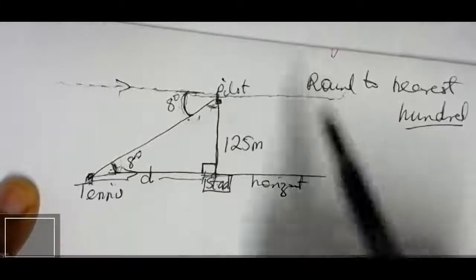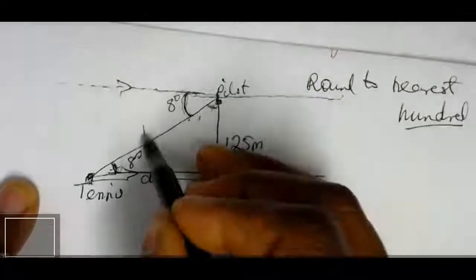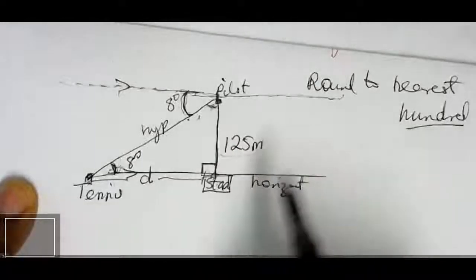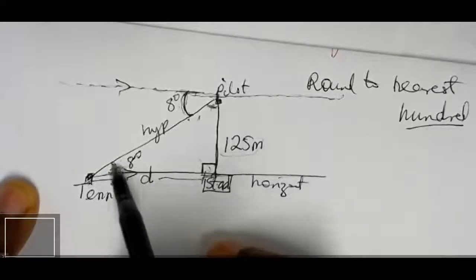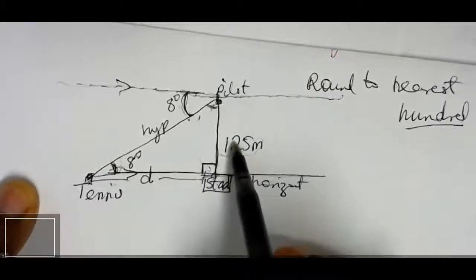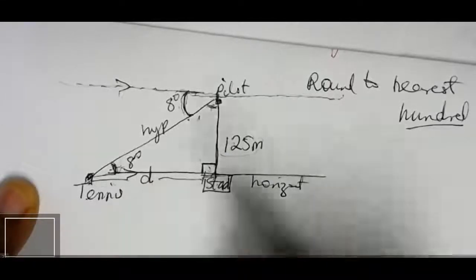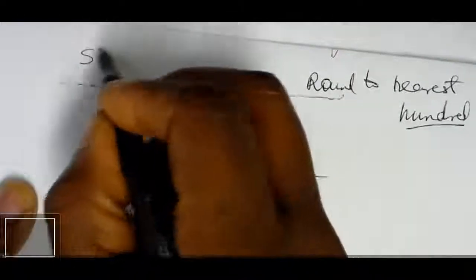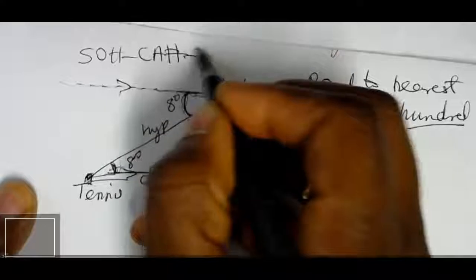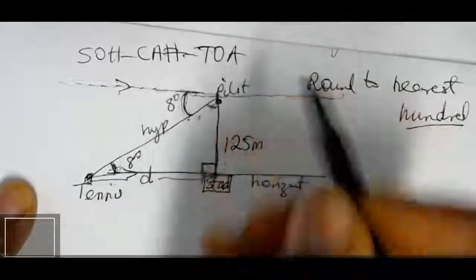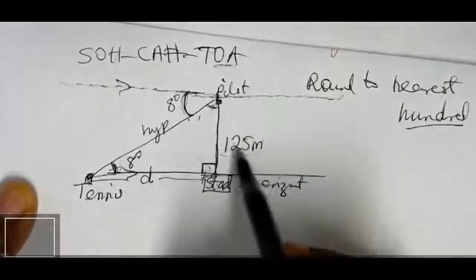Let's see what connects. This side is the hypotenuse, because it's opposite the right angle. What is opposite angle 8? 125 is opposite angle 8. D is adjacent. SOHCAHTOA: which one has opposite and adjacent?